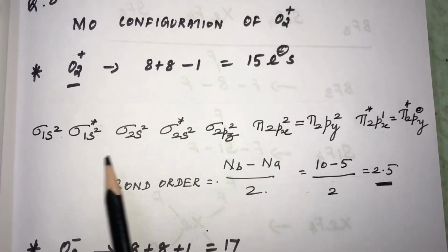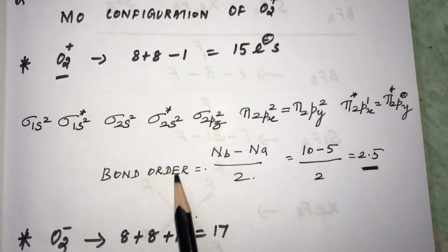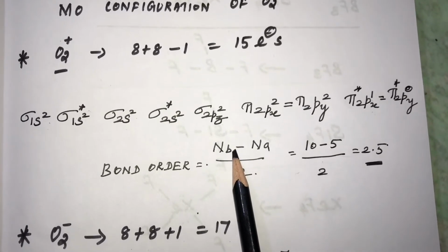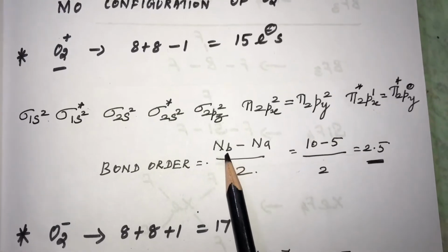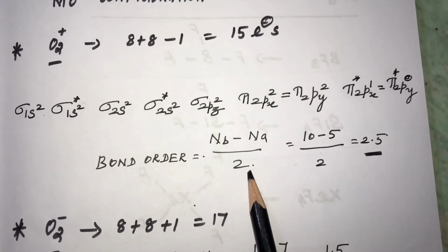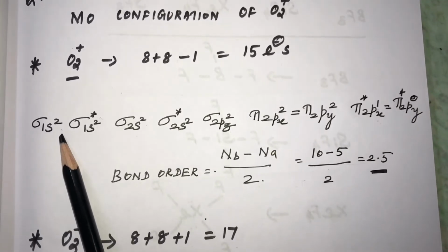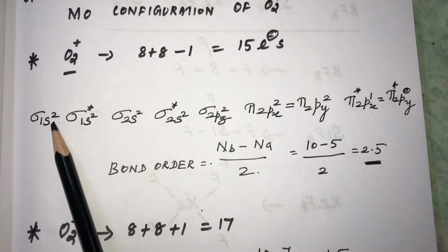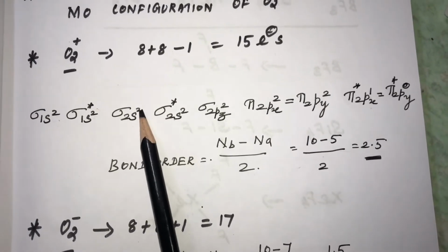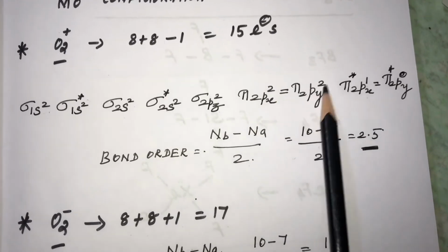Now we have to count. Before that, bond order is the number of bonding electrons minus the number of antibonding electrons, divided by 2. So here the number of bonding electrons is the electrons present in the bonding molecular orbitals: 2, 4, 6, 8, 10.